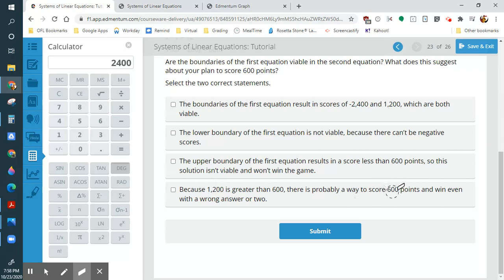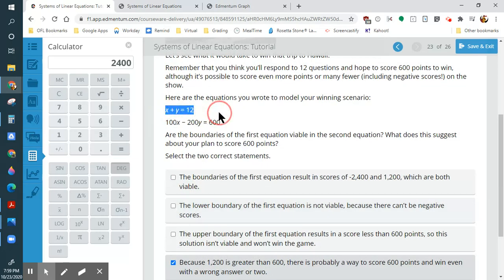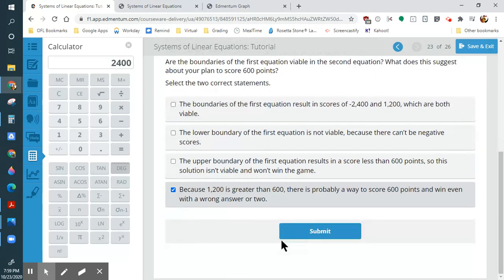Points viable, a way to score the game, win enough with a wrong answer or two. So what they're saying here is, guess what? Because we have so many points, we should be fine even if we get a couple of wrong questions here. I don't know why they keep talking about the first equation. This has to do with the questions answered.